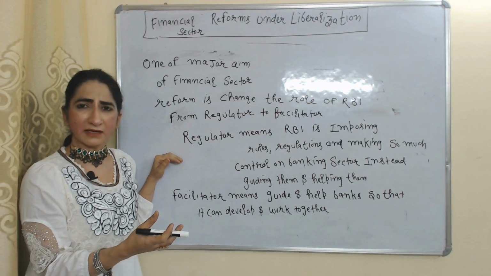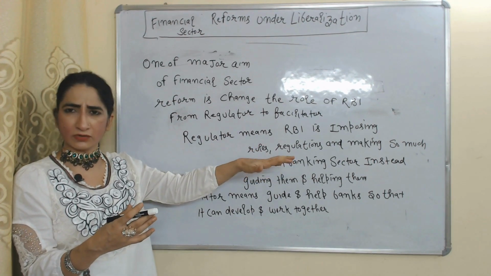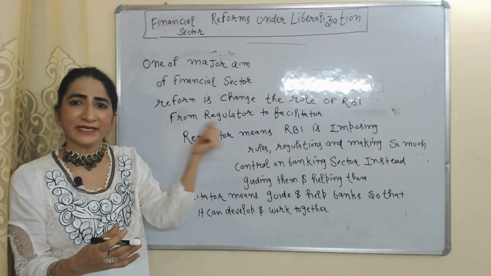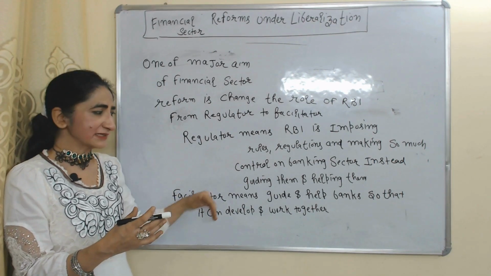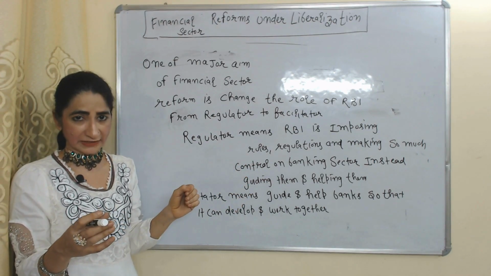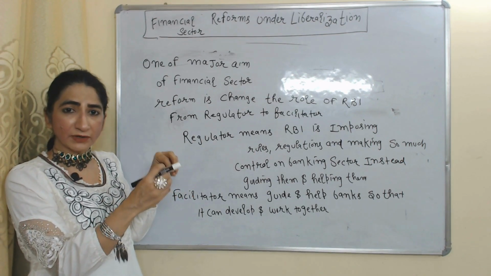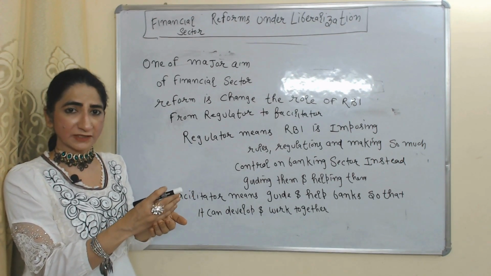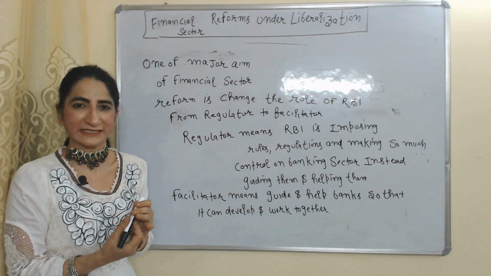Regulator means RBI is imposing so many rules, regulations and controls on banks instead of guiding and helping them. But facilitator means RBI is guiding and helping banks so that they can develop and grow together.